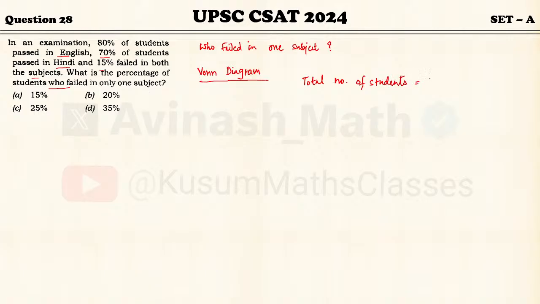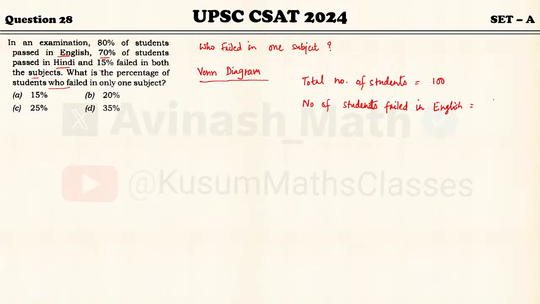are 100, right? So the number of students who failed in English is what?